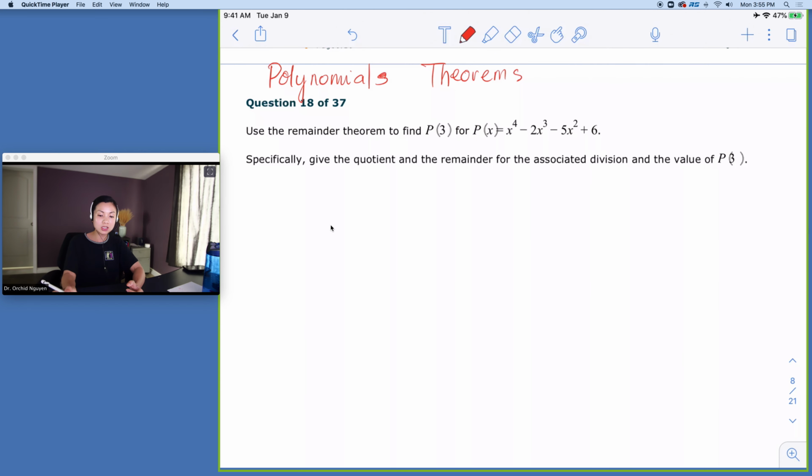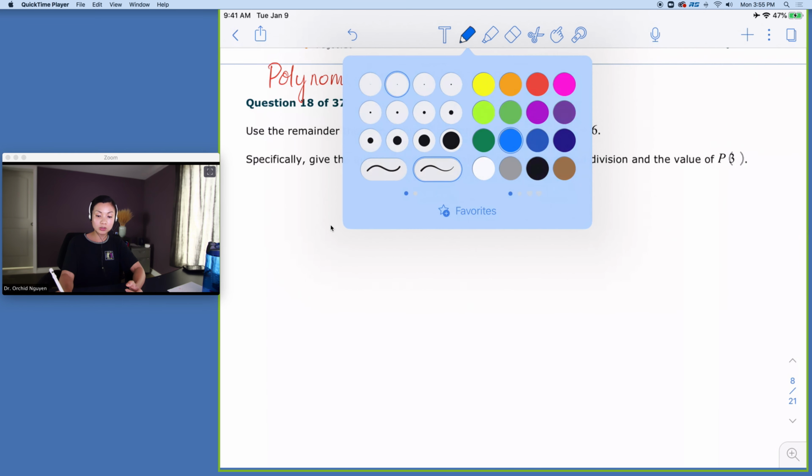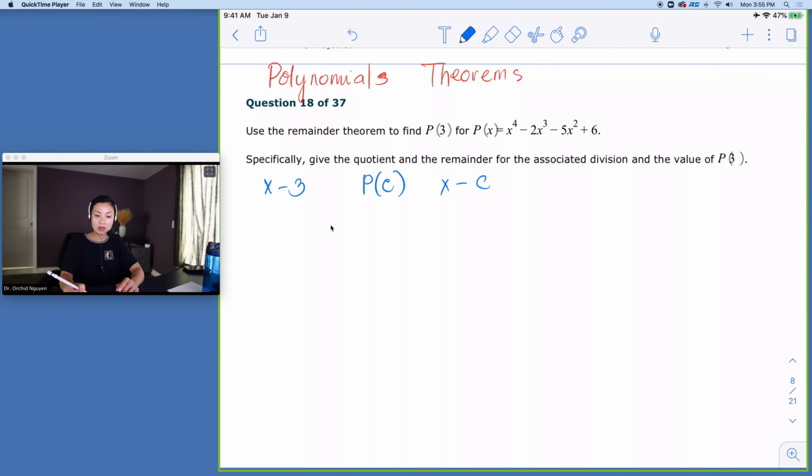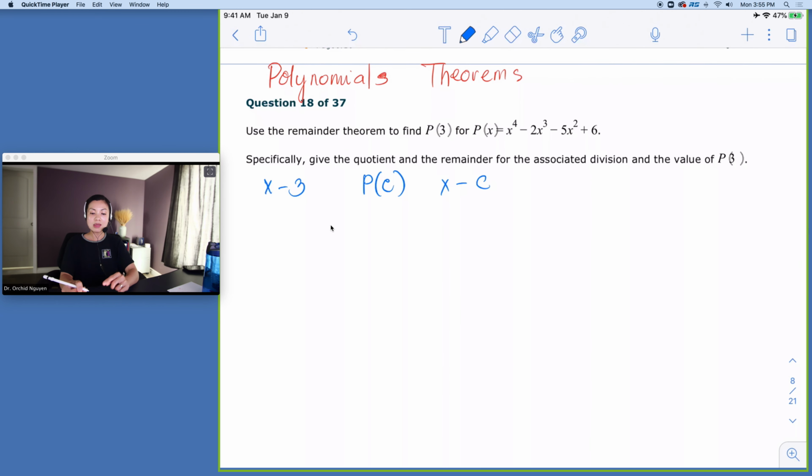If you take the given polynomial and divide by x minus C, then P of C is going to be the remainder. So that's the theorem.